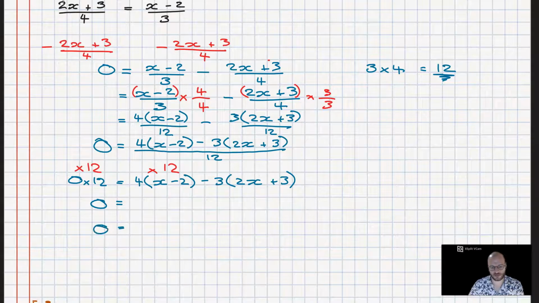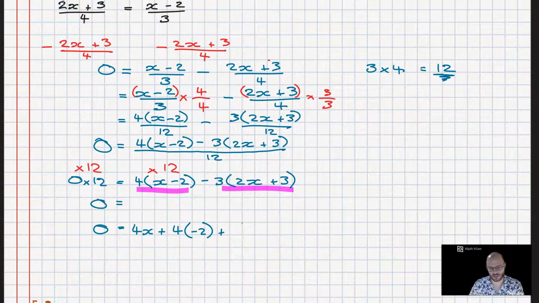Now, because it's 0 on the left here, we deal with what we've got on the right here. So I'm going to expand the brackets. So expand the brackets here and here. We'll get 4x minus, or plus I should say, 4 times negative 2.